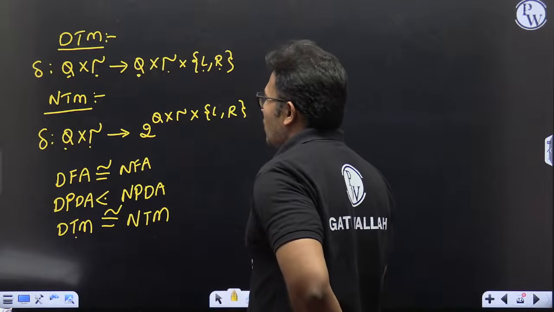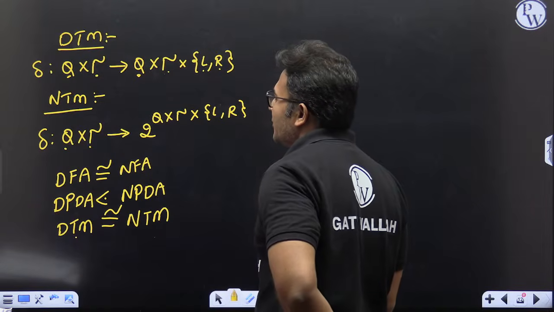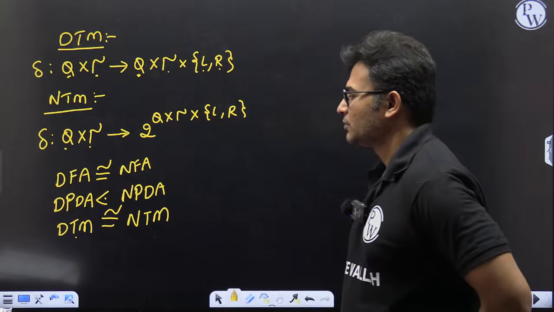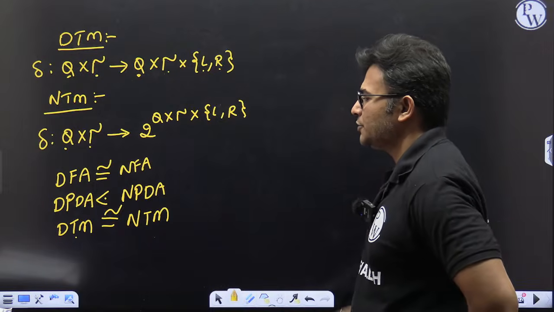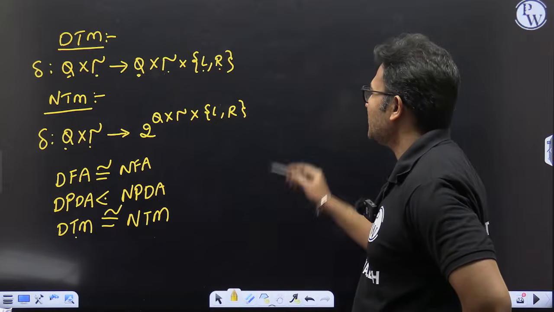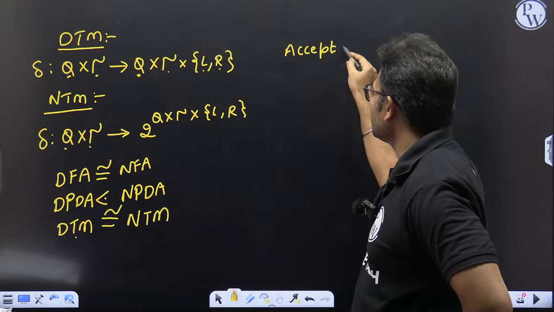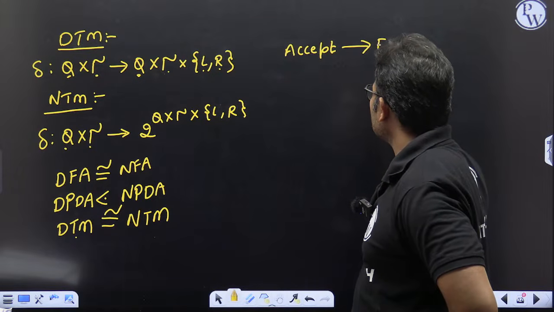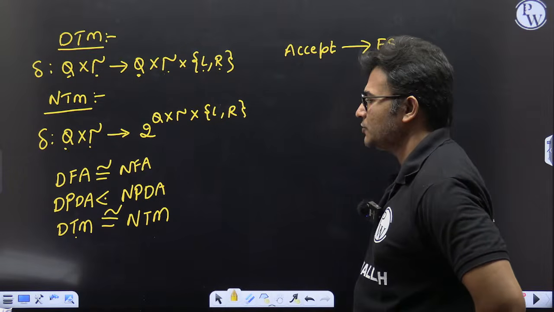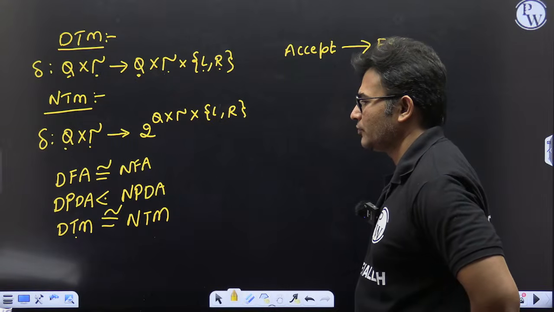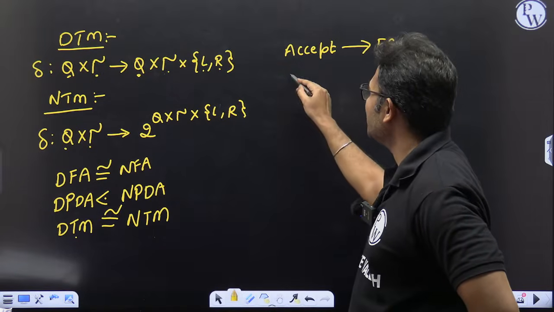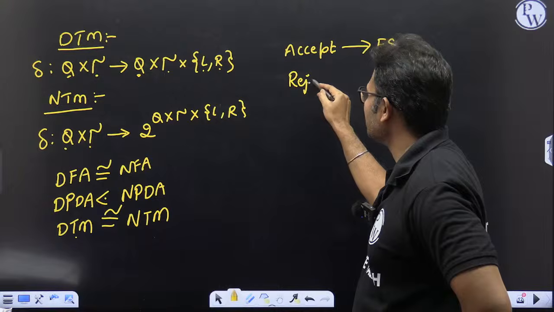Right? Now how will a Turing machine accept a string? If it reaches a final state and stops there. And how will a Turing machine reject a string?